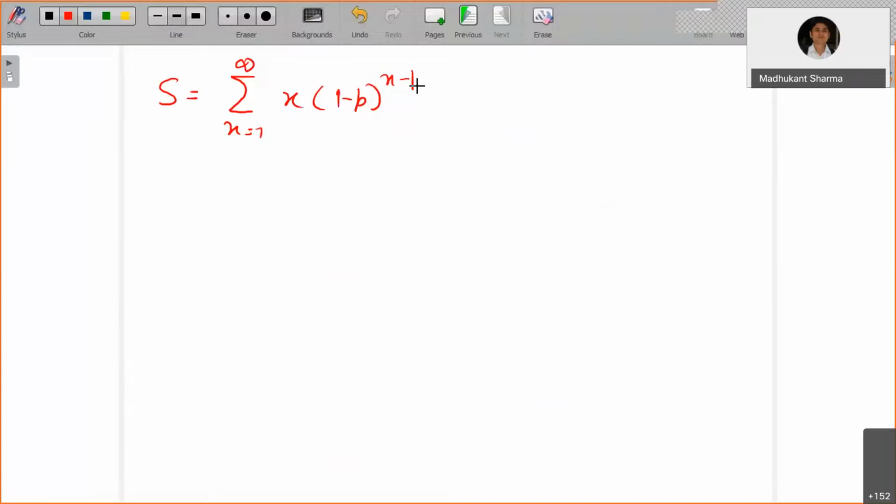So what you can do here is, this is 1 plus 2 times (1 minus p) plus 3 times (1 minus p) whole square plus 4 times (1 minus p) whole cube and so on.